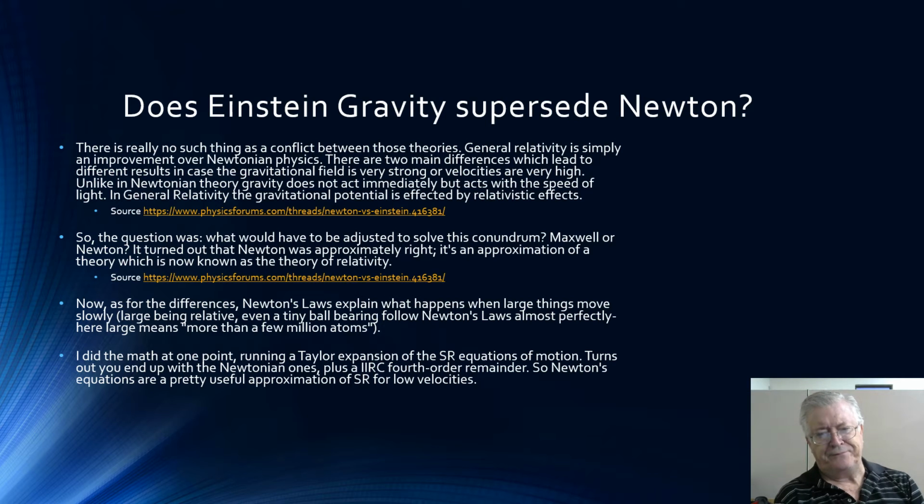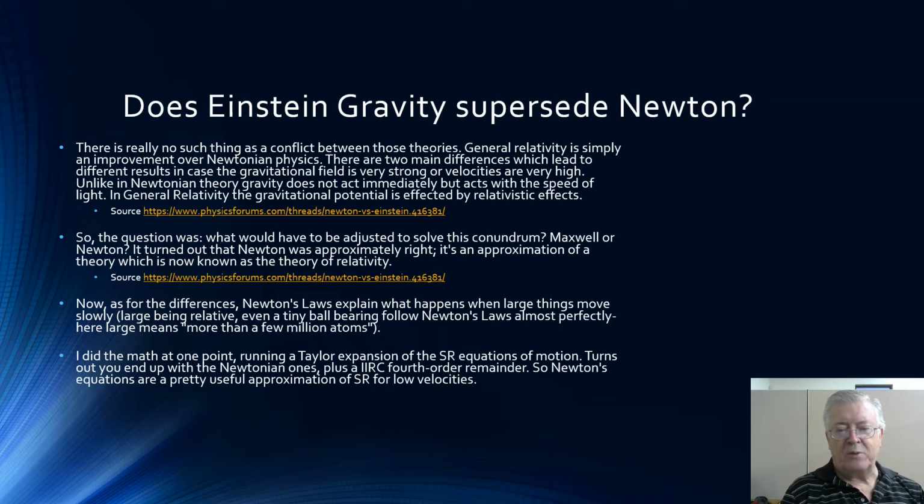A large thing doesn't necessarily have to be planet-sized. Large can be relative. Even a tiny ball bearing has to follow Newton's laws almost perfectly. Here, large means more than a few million atoms.